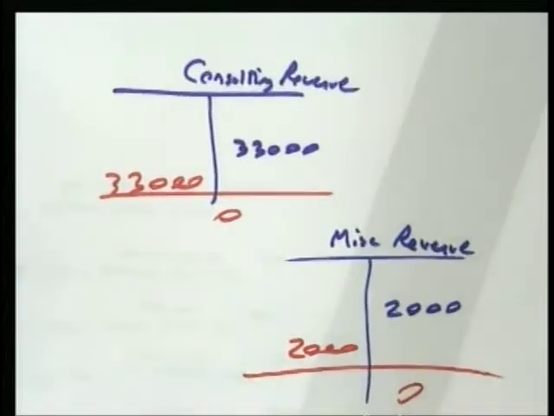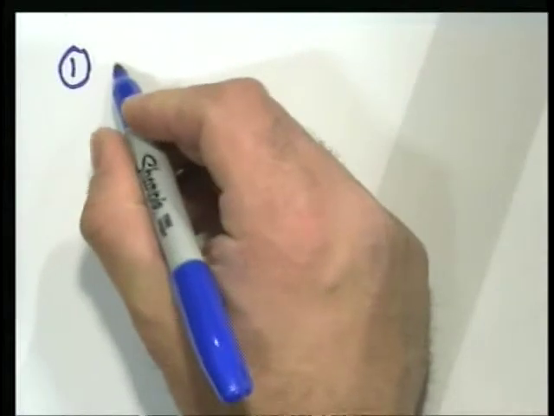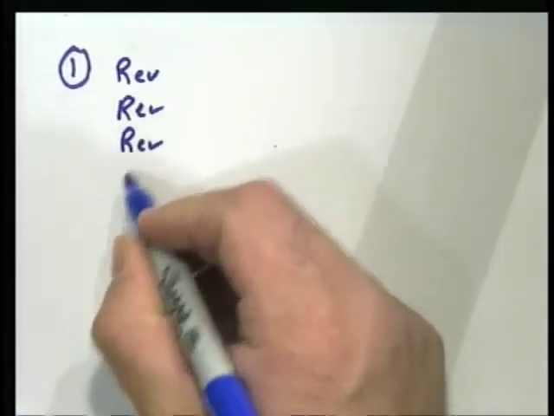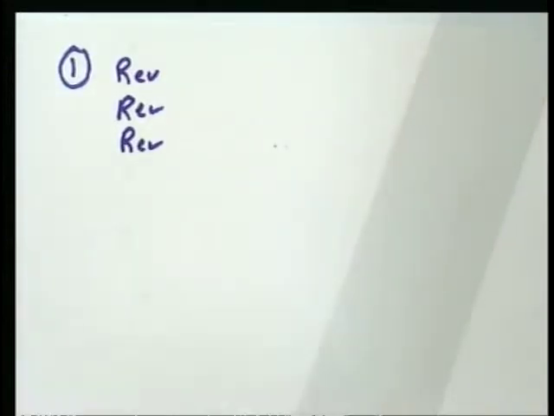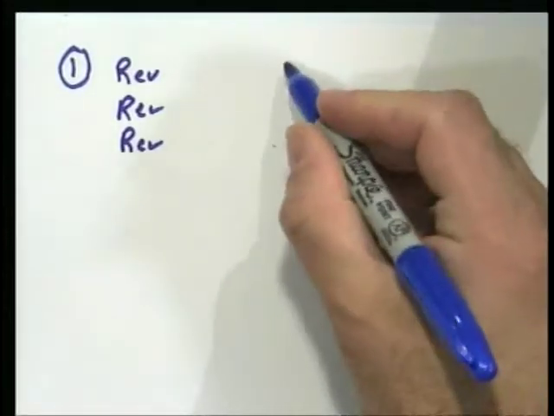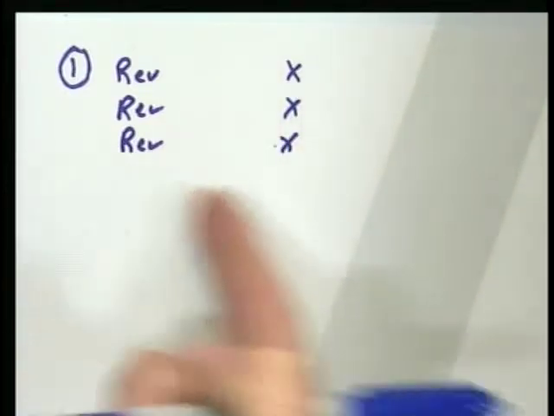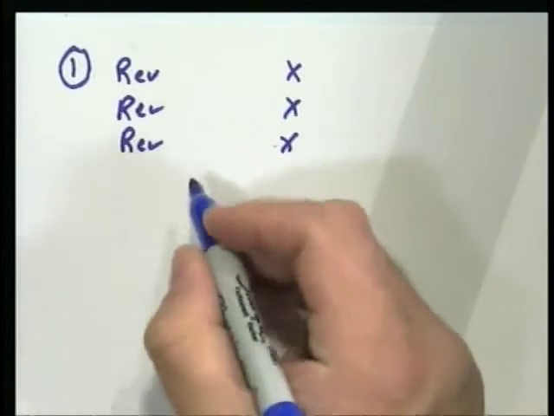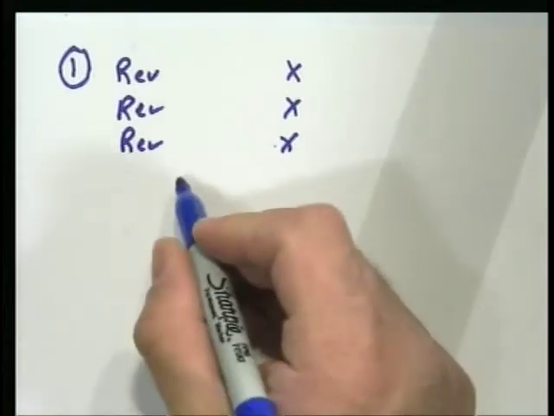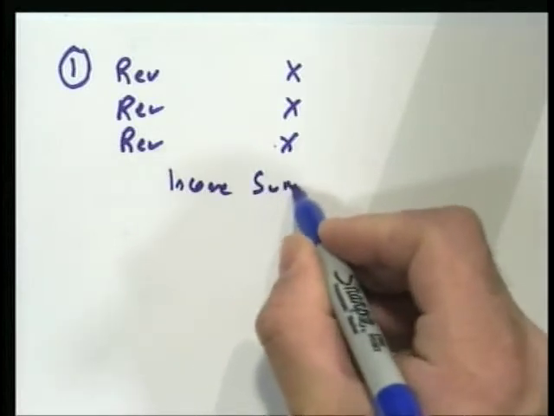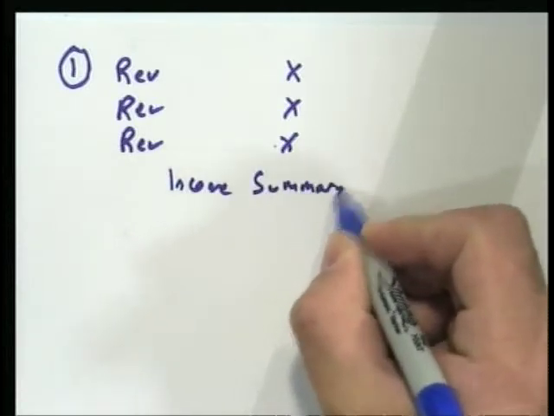So our first closing entry, what we are going to do is list out each revenue account. Now I'm just putting revenue to specify your different revenue accounts, okay? And we are going to debit those. And then the offsetting credit will be to this account called income summary.